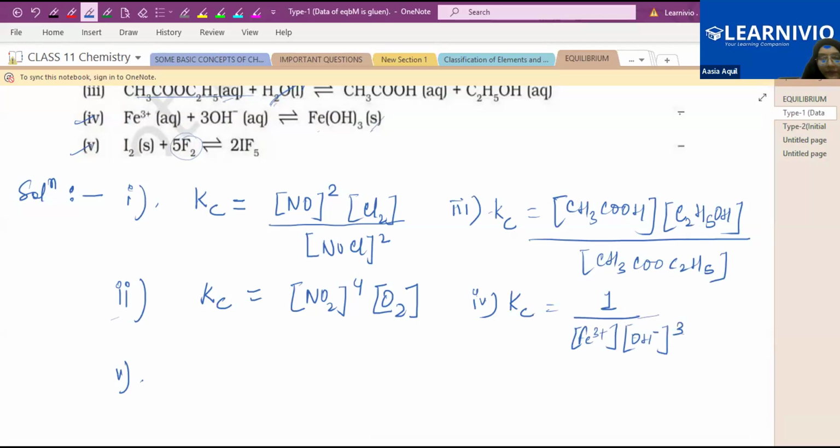Yes, Zanab, tell me. What is the equilibrium expression for the fifth one? Yes, Zanab. Try this, it's very simple.